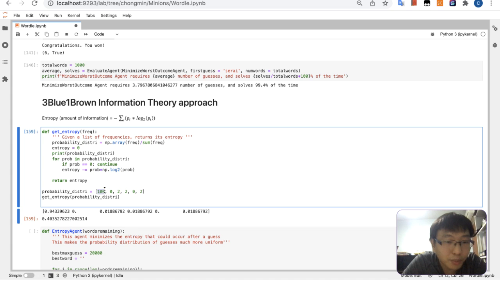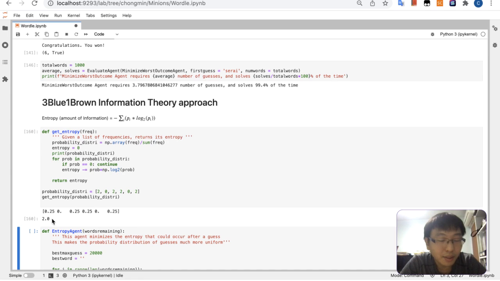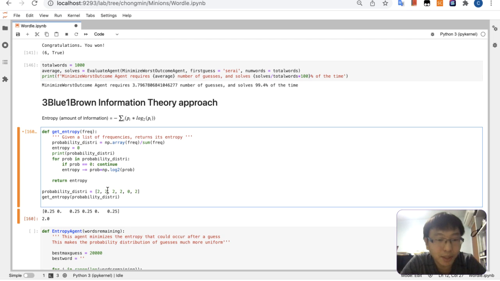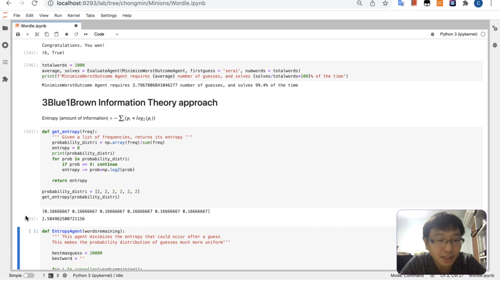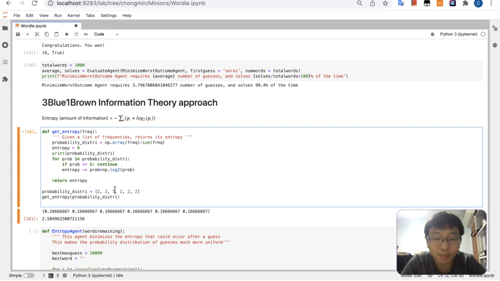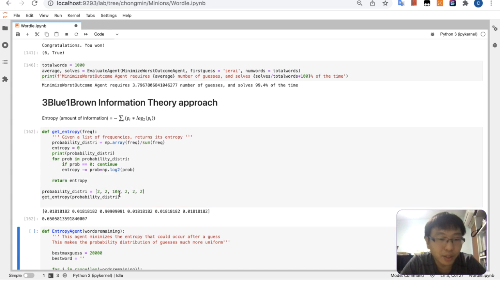So maybe I should maximize my entropy rather than minimize it. This one means I'm very certain that this is correct, which is not ideal. Ideally, we should try to maximize the entropy, because if we maximize the entropy, we get a distribution like this, which is all very even, and the distribution is flatter as compared to if we have 100 like that.